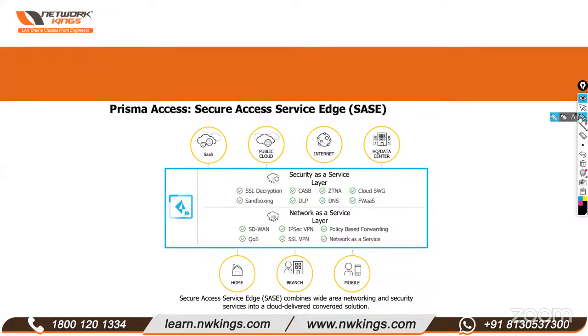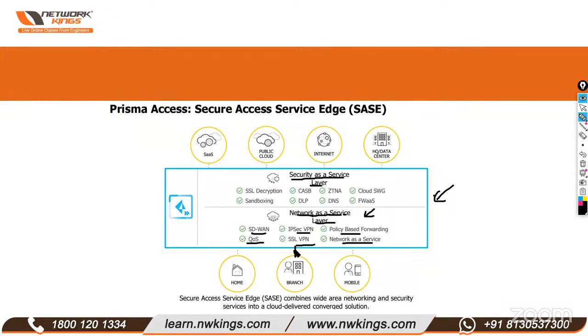Okay. Now we have something called Prisma Access. I was telling you about the security as a service layer and the network as a service layer, so you can take two kinds of subscription from them. When you are taking a subscription as network as a service, you can use these features.